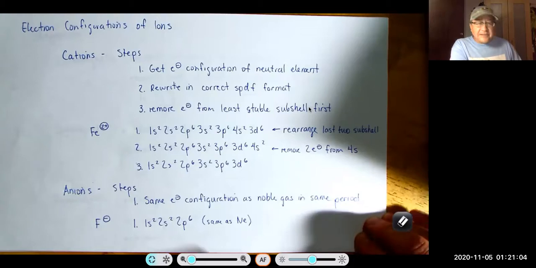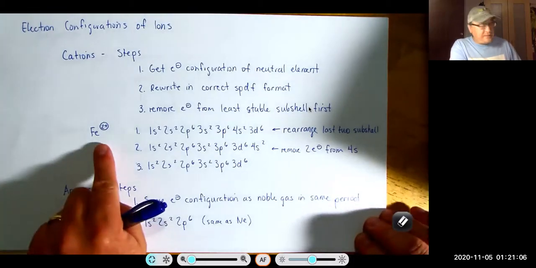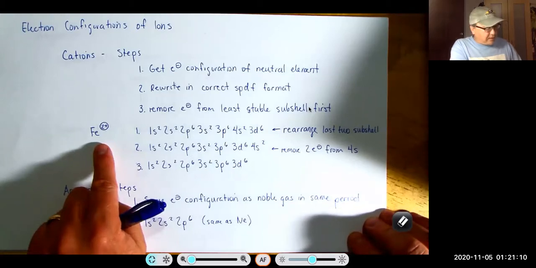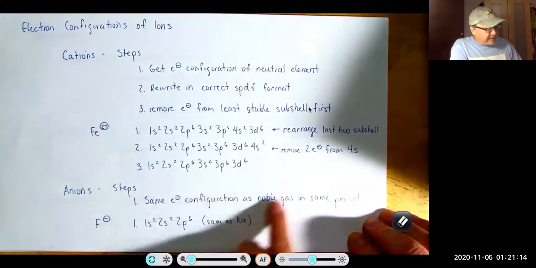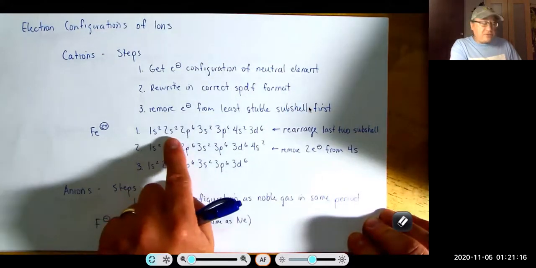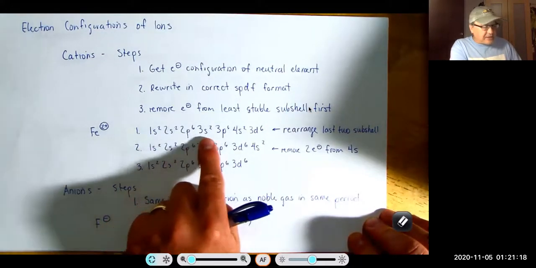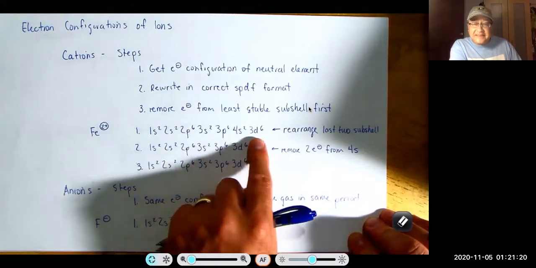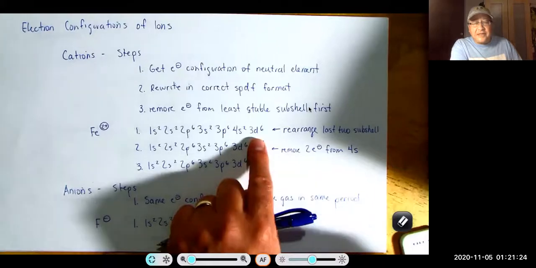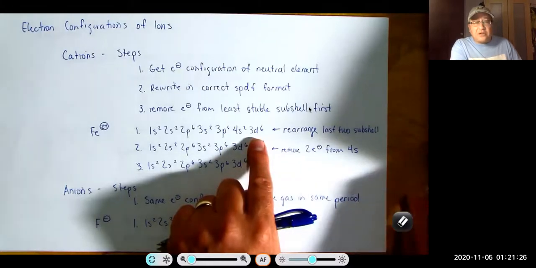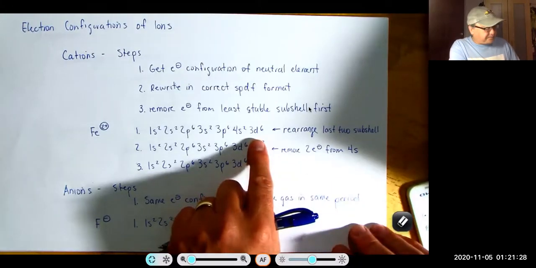So let's take a look at this iron +2 ion, and let's get its electron configuration. So step one, get the electron configuration of the neutral element. In this case, it's 1s2, 2s2, 2p6, 3s2, 3p6, 4s2, 3d6. This is reading it off of the periodic table using the SPDF block notation, if you will.